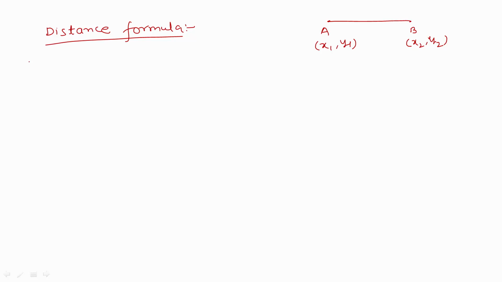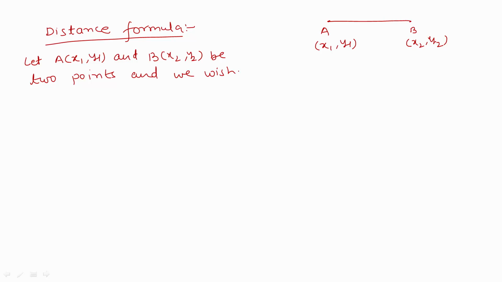So let's start. First, let A x1 y1 and B x2 y2 be 2 points, and we wish to find the distance between A and B. So plot these points on a 2D plane.